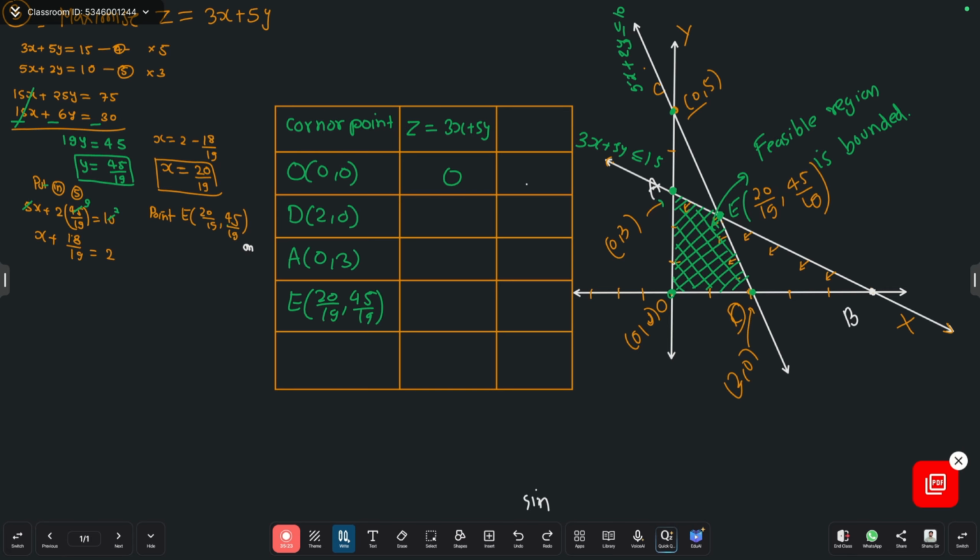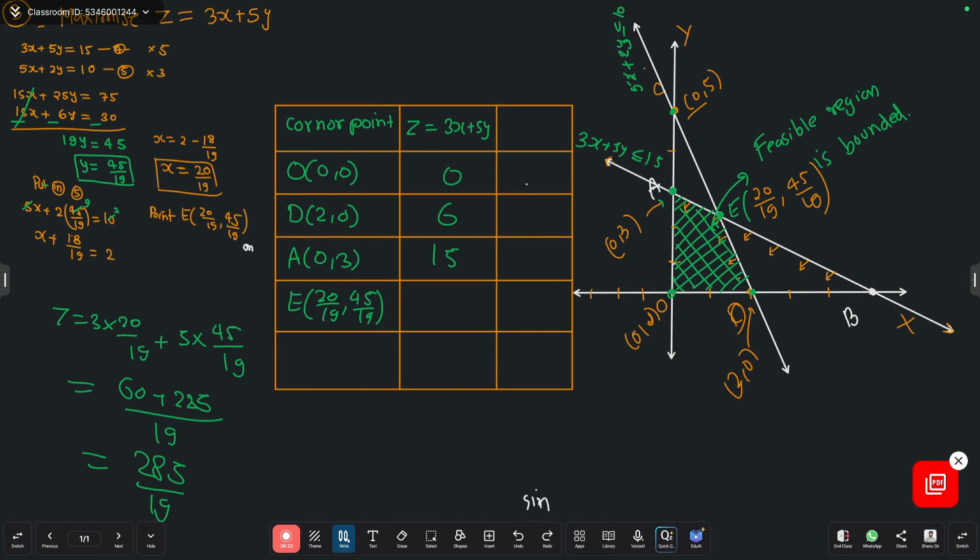This is 0, this is 3 into 2, 6 here, and this is 3 into 5, 15 here. Now do the calculation for E: 3 into 20 upon 19 plus 5 into 45 upon 19, 60 and 225, it is coming 285 upon 19.